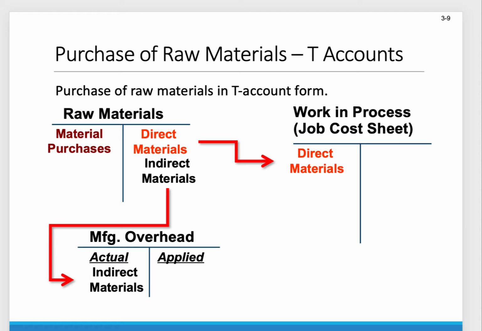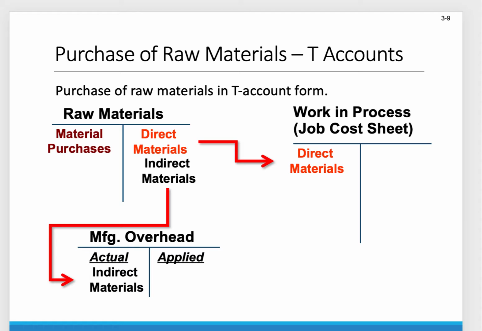We will be dealing with assets here, okay? Because remember, raw materials and work in process are asset accounts, okay? So remember this, we increase an asset with a debit. So on the left, we increase it. We decrease an asset with a credit, the right side, okay?